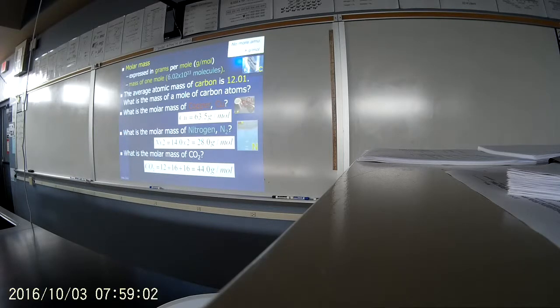That I can do. So moles is that bridge between things I can measure, grams, and things I can't measure, moles. And today we're going to calculate molar mass of molecules using the periodic table, and then we're going to convert those molar masses into grams and moles.